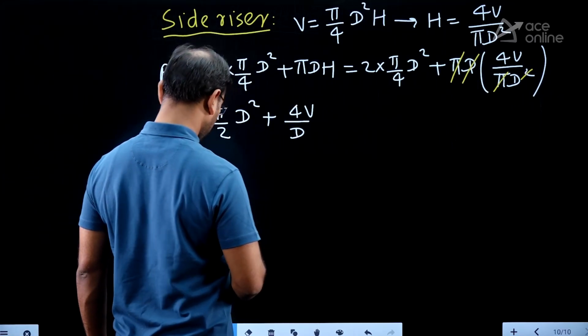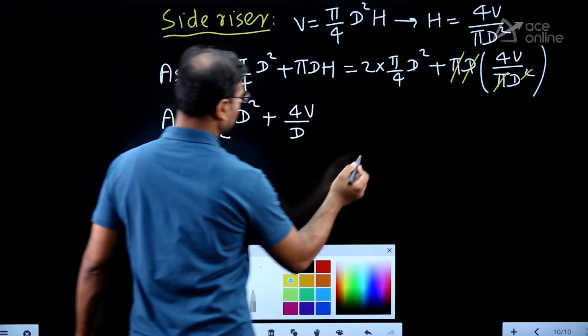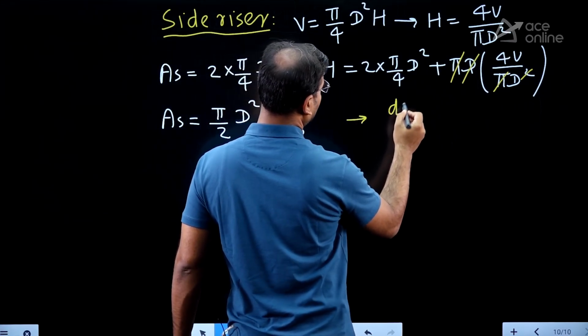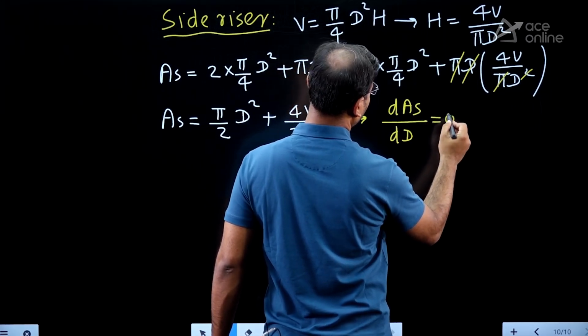Okay. Now guys, for minimum surface area we have to take the derivative here. The derivative of surface area with respect to capital D is equal to 0.